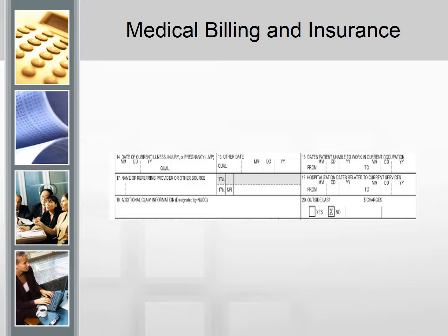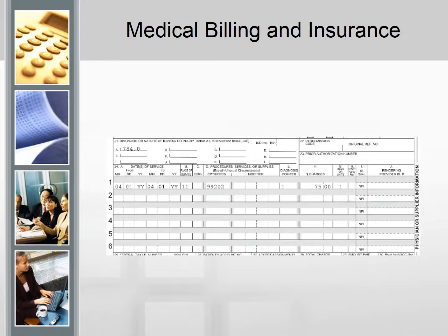Block 20 is one that you do typically fill out. You're going to enter either the yes or no if an outside lab or provider is being used for any of the charges. So if no outside provider is indicated, then you're going to X the no box. If one was indicated, then you would list the charges related to those services.